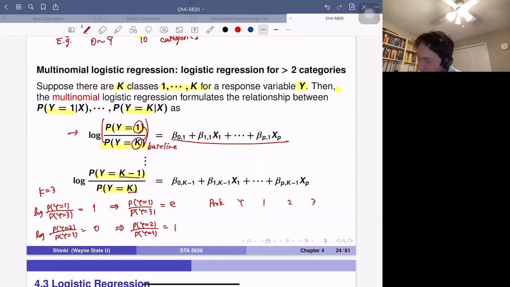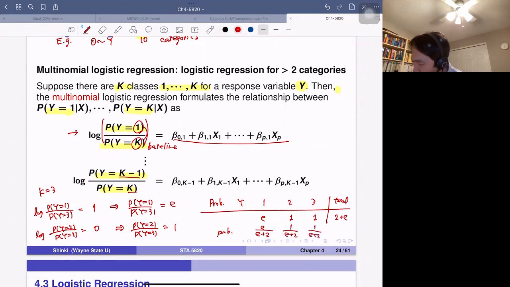1 to 3. The ratio is, if this is 1, then 2 has the same probability, 1 has probability e. So that means the total is 2 plus e. So total probability should be 1. So the probability is e over e plus 2 for 1, and 1 over e plus 2 for 2, and 1 over e plus 2 for 3.